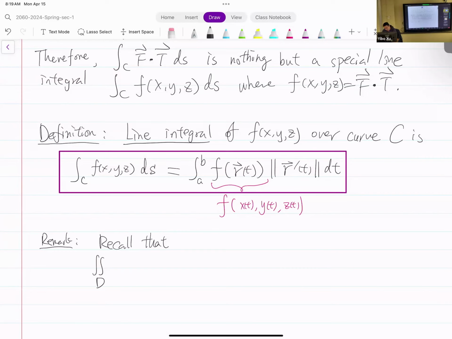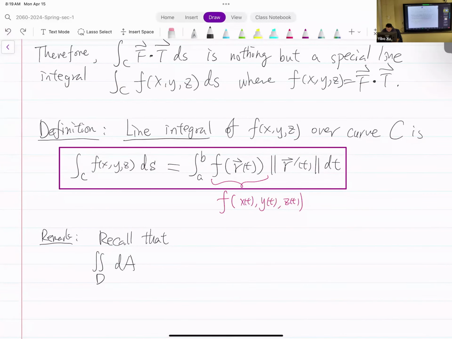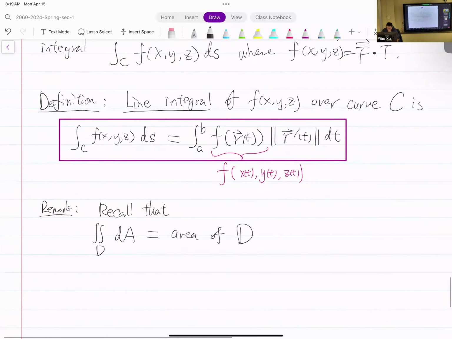Recall it's a really similar situation if you have the double integral over a general region D, accumulating the tiny little increment of area. That's the area of the entire region D for the double integrals. And for triple integrals, if you accumulate over the entire solid the tiny little increment of the volume, that gives you the volume of the solid.